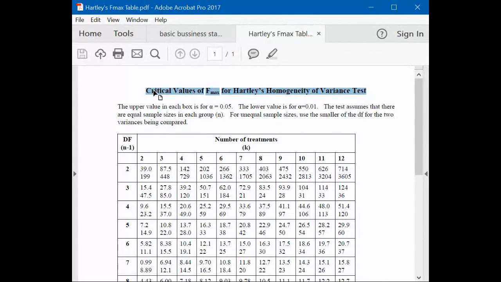Remember, each and every model has some assumptions, right? Same applies to the ANOVA table. We have some assumptions that must be followed when constructing an ANOVA table. So this is one of the tests that we'll be dealing with, which is checking the homogeneity of variance test.